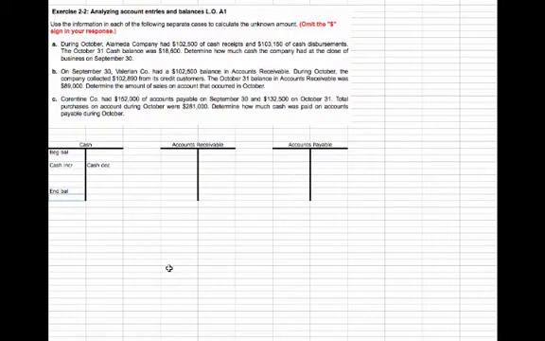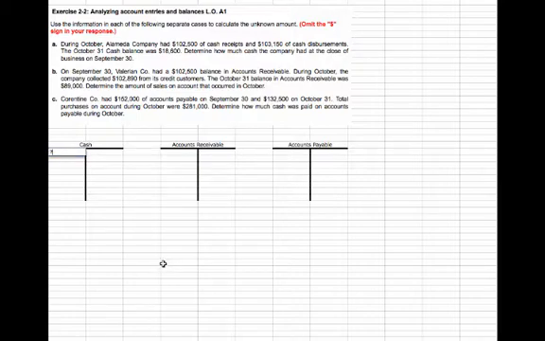So what we can do then is ask this question. I'm going to erase my descriptions here, and we can fill in the blanks. How much is our beginning balance? We need to figure out what our beginning balance is, so that's our question mark here.